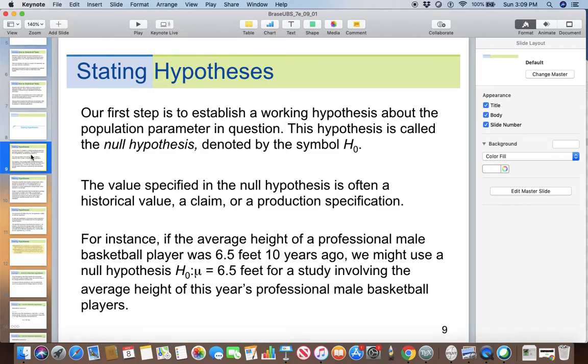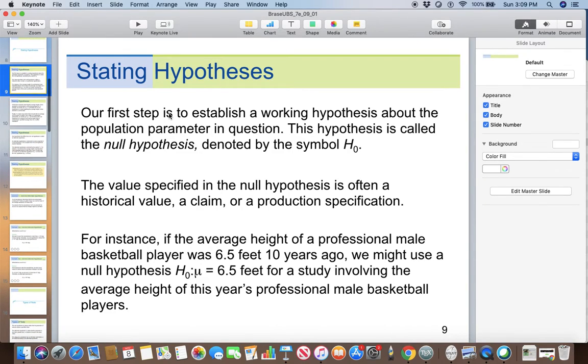Stating hypotheses. Our first step is to establish a working hypothesis about a population parameter in question. This hypothesis is called the null hypothesis, denoted by the symbol H0. The value specified in the null hypothesis is often a historical value, a claim, or a production specification.